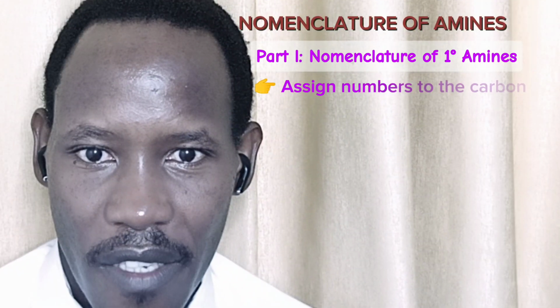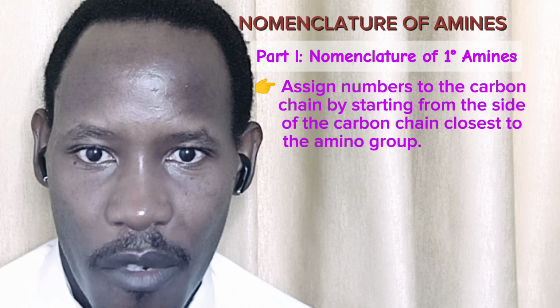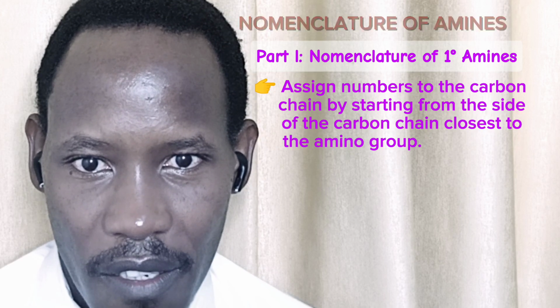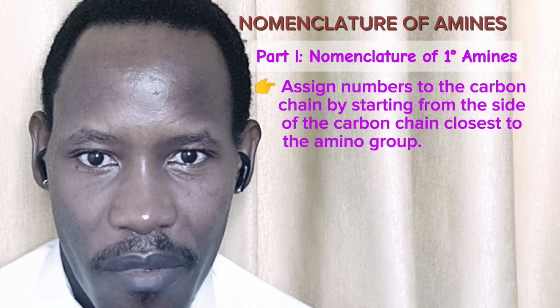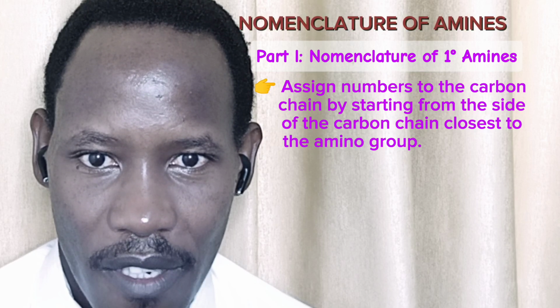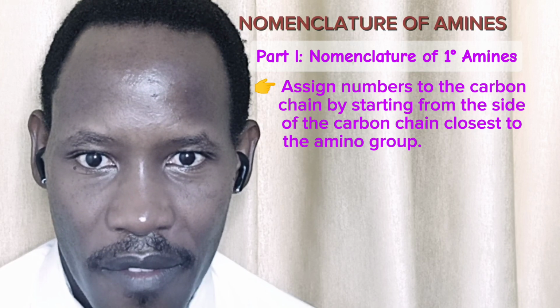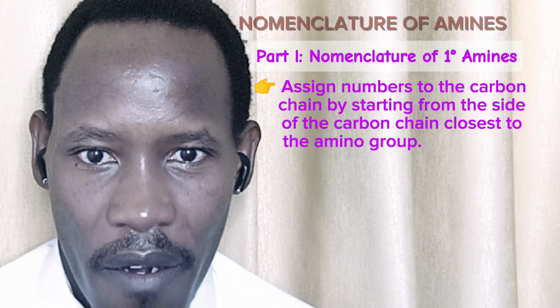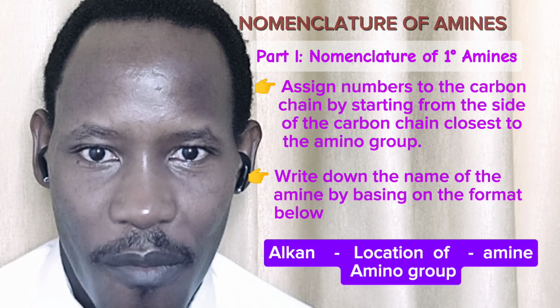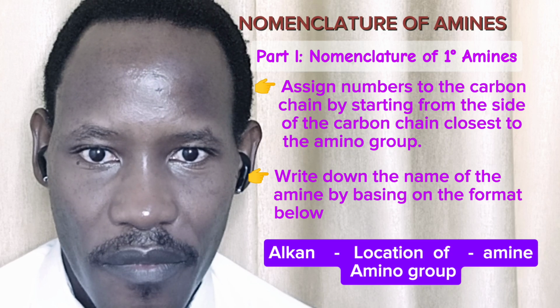Number one, always assign numbers to the carbon atoms of the carbon chain bearing the amino group such that the amino group is located on the carbon atom with the lowest number. Number 2, write down the name of the amine by using the format displayed above.